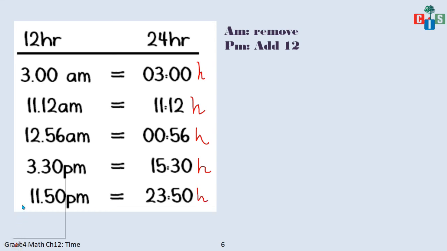Fine. Now, see, it's 11:12 AM. Now you have to convert it into 24 hours. So AM is there. What's the rule? For the AM, we will remove AM just like that. So AM is removed and we will put hour. So it's 11:12 AM and 11:12 hour. Okay. Now the important one, 12:56 AM.